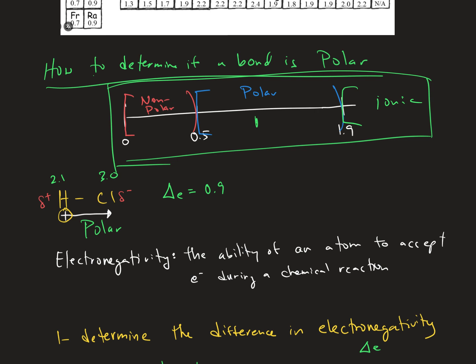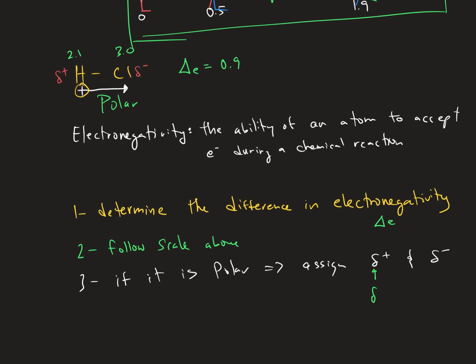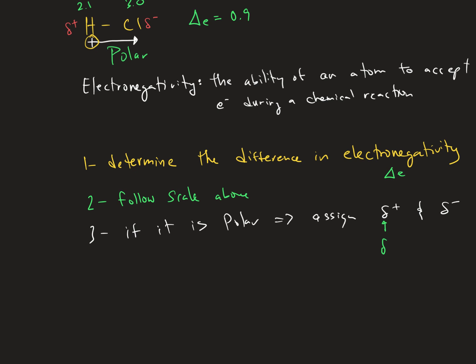How did you assign the delta positive, delta negative? Great question. Delta negative refers to higher electronegativity value. If it has higher electronegativity, it's going to bring the electrons toward it more, making it more negative. Does that make sense? Because the electrons are negative. And a partial positive refers to the lower electronegativity.